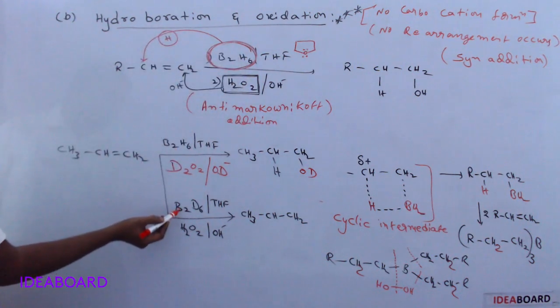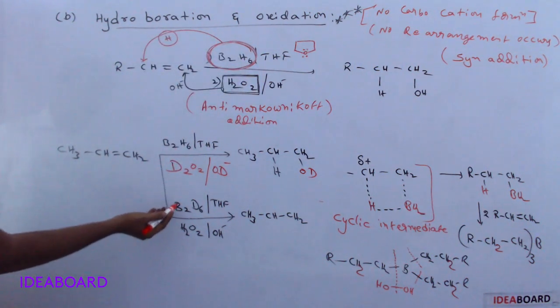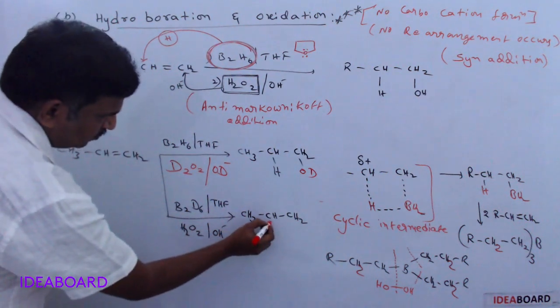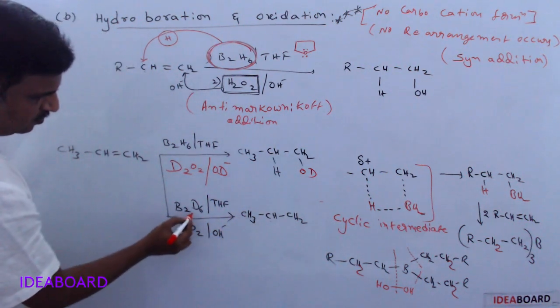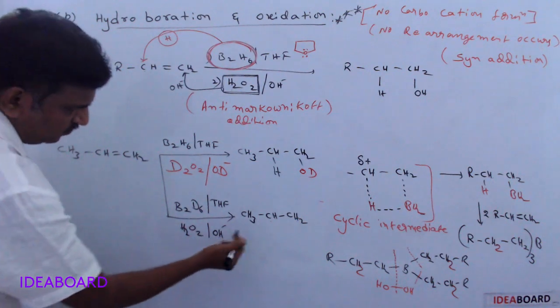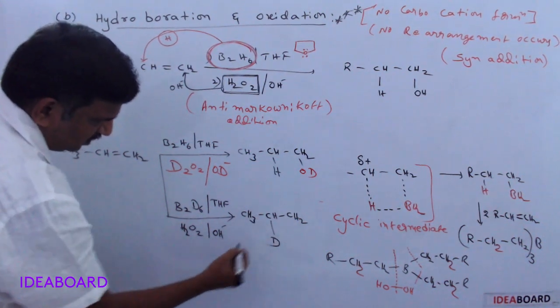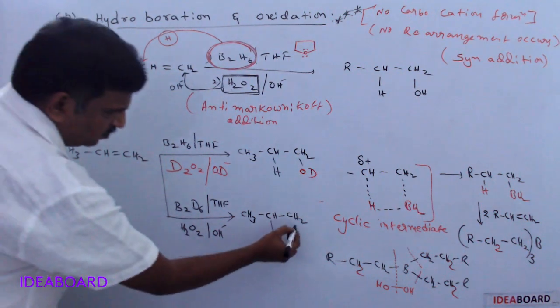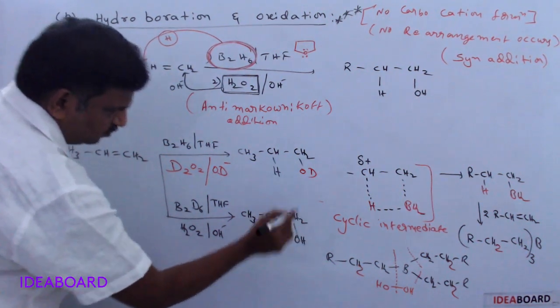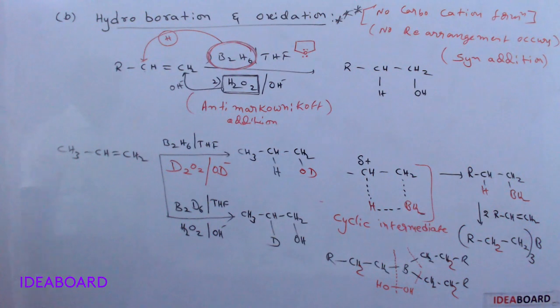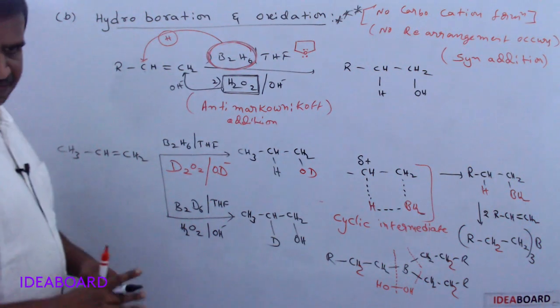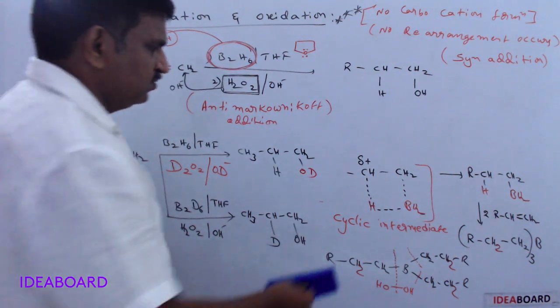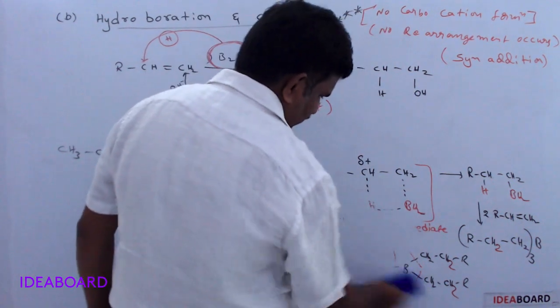Here B2D6 gives deuterium to this carbon. So here we get deuterium. And H2O2 gives an OH group on this carbon. So we will get an OH group. Please remember, based on the given compound, we can get the products.